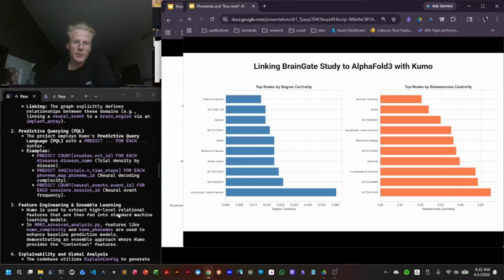I wanted to see which proteins were affected by which diseases, and then put AlphaFold 3 right in the middle of them to say, these diseases from these clinical trials were affecting these proteins, and those proteins are also available in the open FDA that showed the medicines that were being used to target those proteins or target those diseases. And Kumo just creates a stronger graph linkage between them. In theory, is what I thought. So that's what this is.